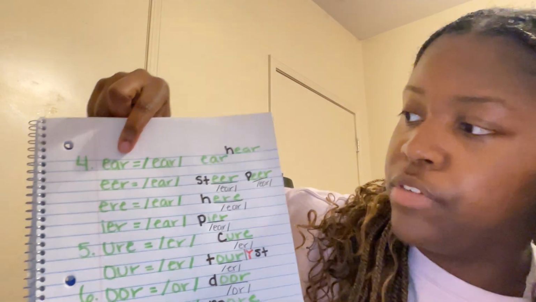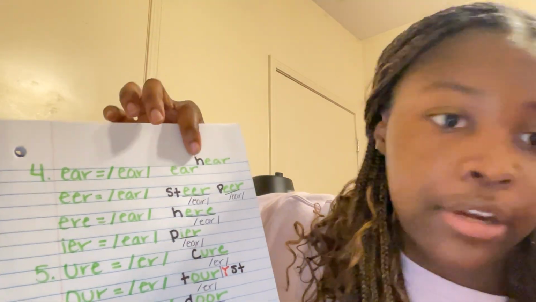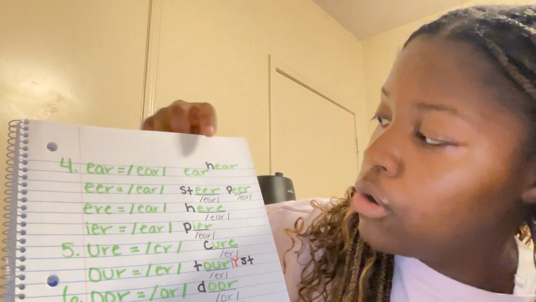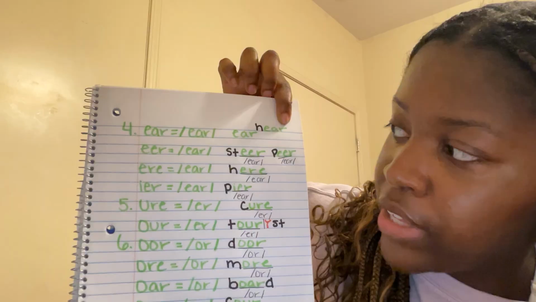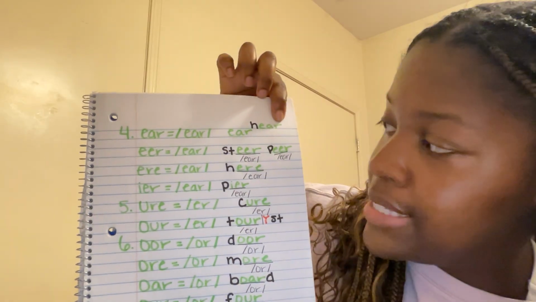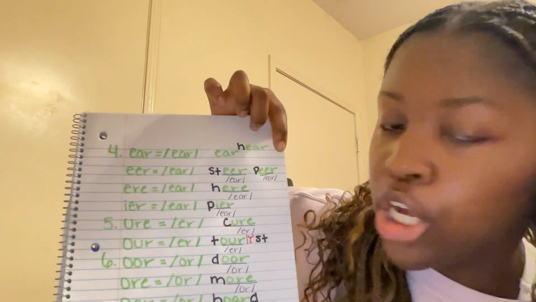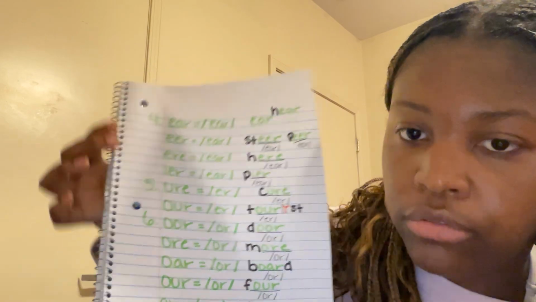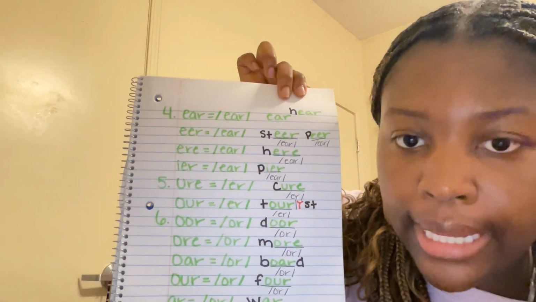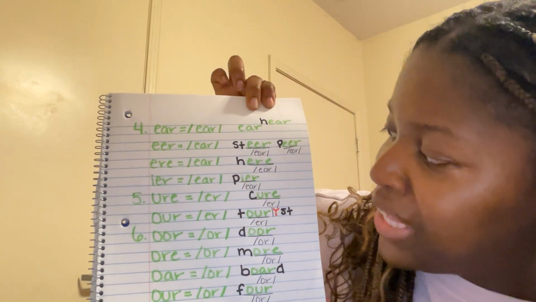In the last page, I have EAR that makes ear, like in ear, like my ear, or the word here. Next, I have EER that says ear, like in steer, in peer. Next, I have ERE that says ear, like in here.